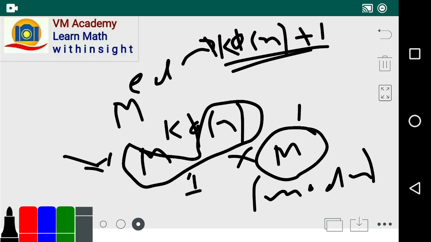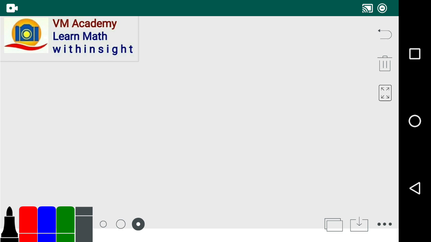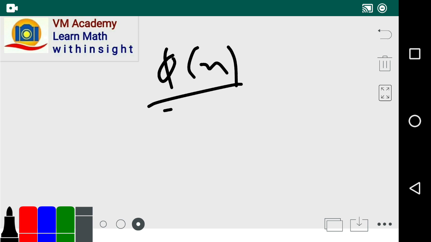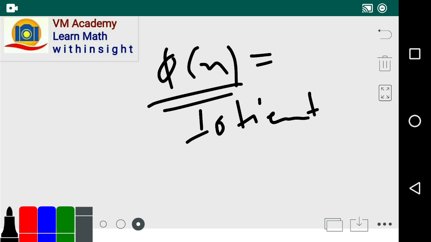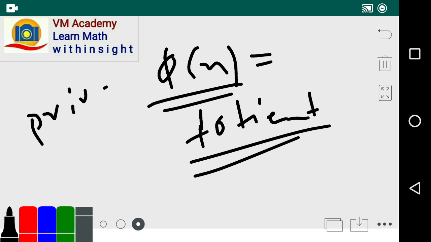In this manner the RSA algorithm is used, and in the RSA algorithm phi of n, that is the totient function, is used, and by using this totient function the private key is calculated.